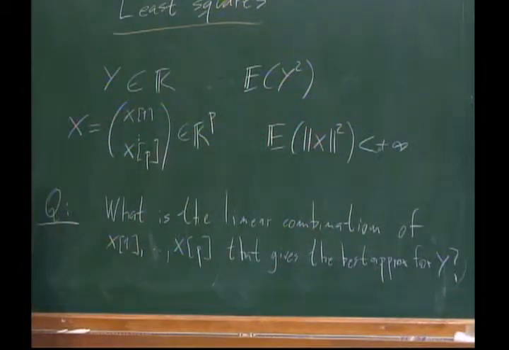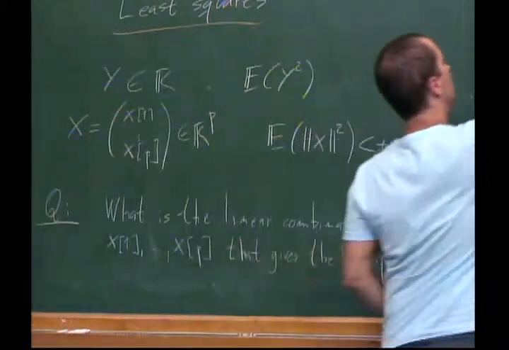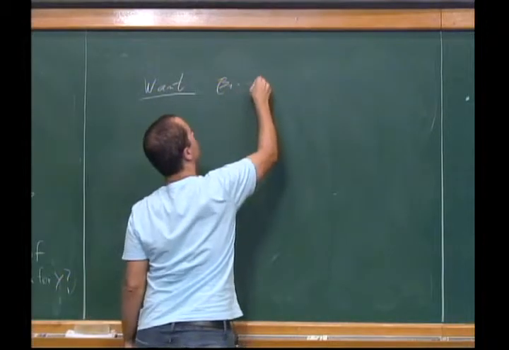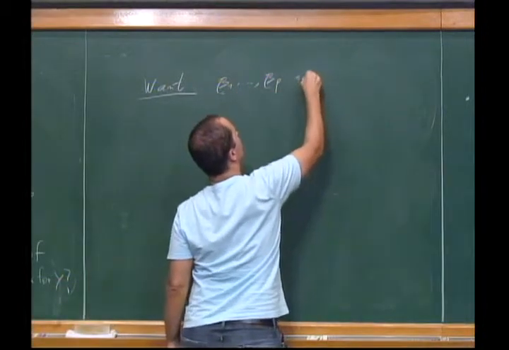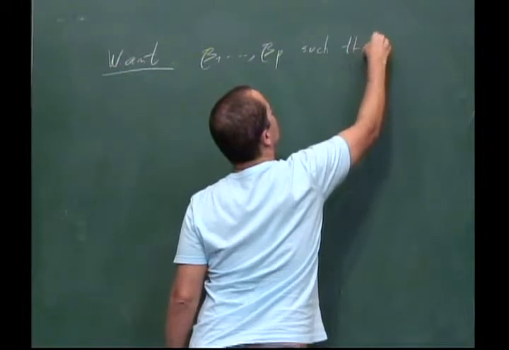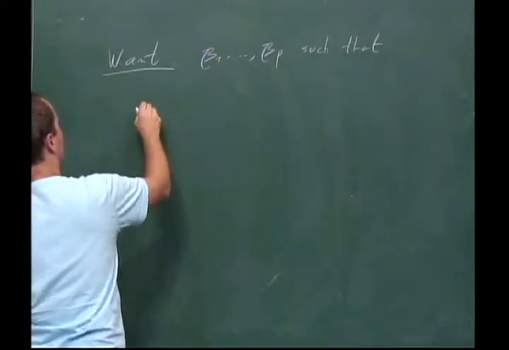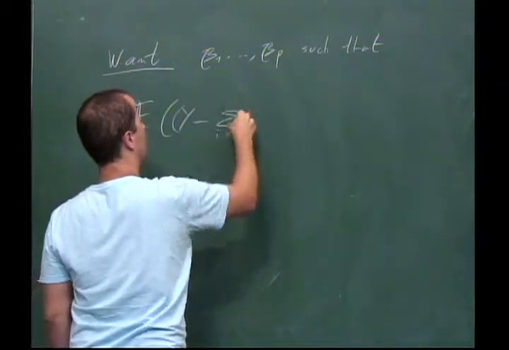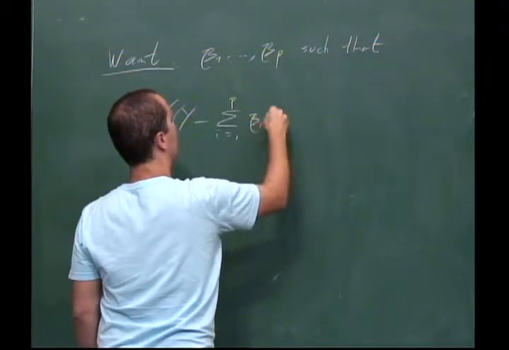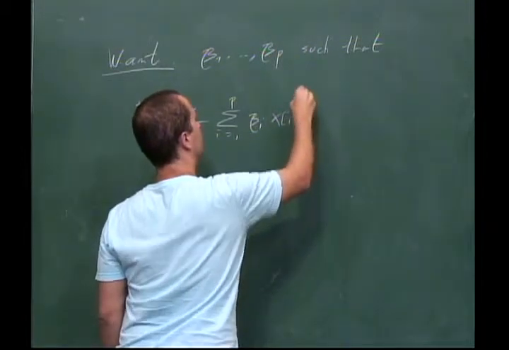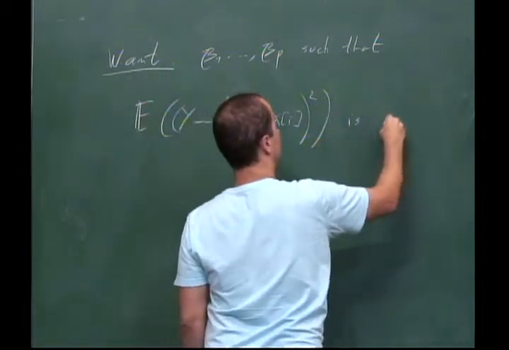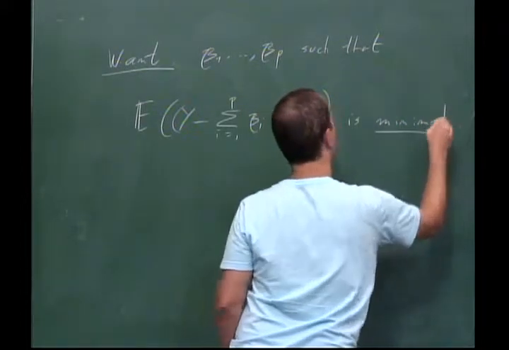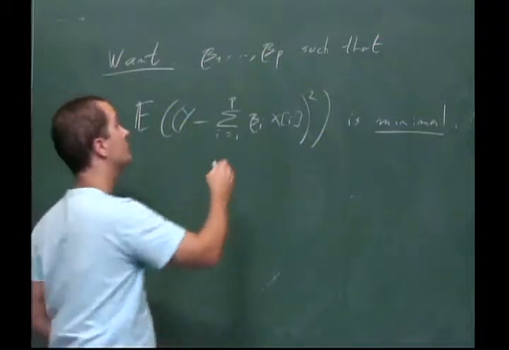What I want is numbers beta 1 through beta p such that the expected value of y minus the sum over i equals 1 to p of beta i x i, squared, is minimal. And what I mean by minimal is minimal over all choices of these numbers, which are just scalars.